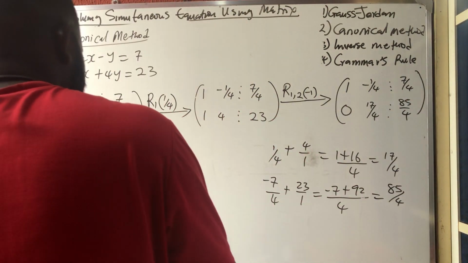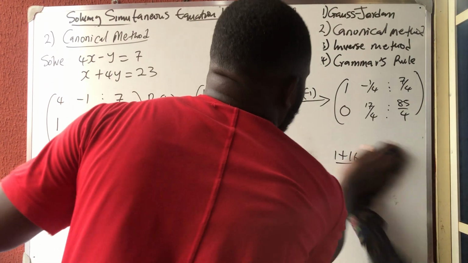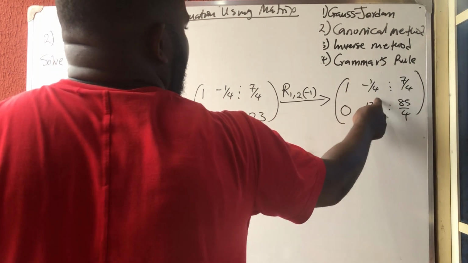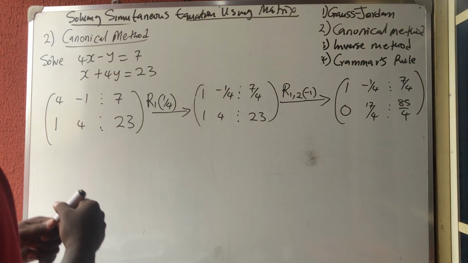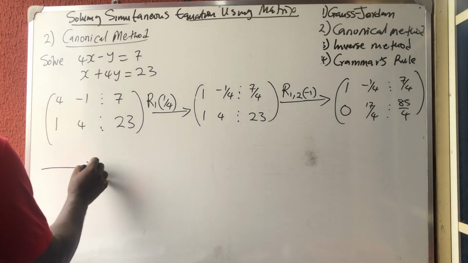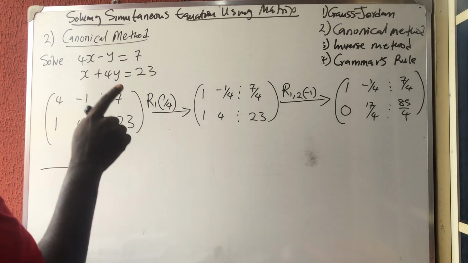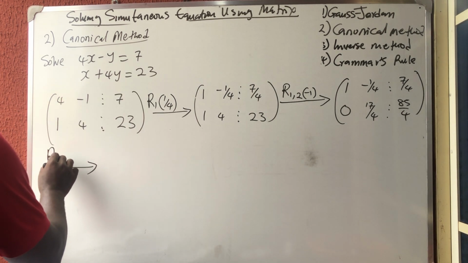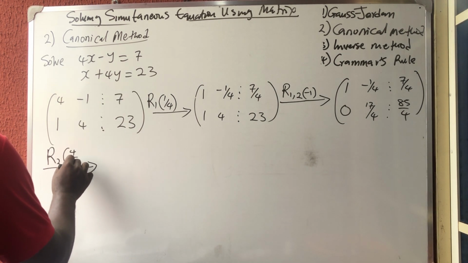So the next thing is that I want to make this one to be 1. Then later I'll make this one to be 0. You make it 1 by multiplying by the inverse, and the inverse of 17 over 4 is 4 over 17. So I will multiply row 2 by 4 over 17.